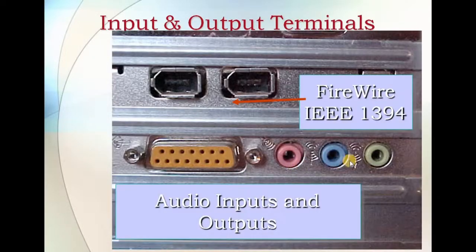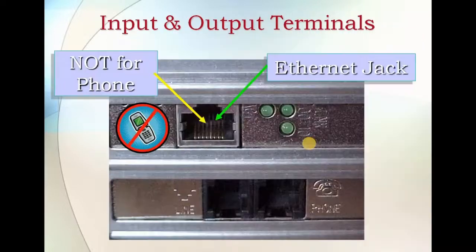And these are used for audio, like the speakers and the headset. For that we use these slots. And when we want to connect to the internet, we use this Ethernet jack, the RJ45 connector, to plug in the cable of the internet connection.